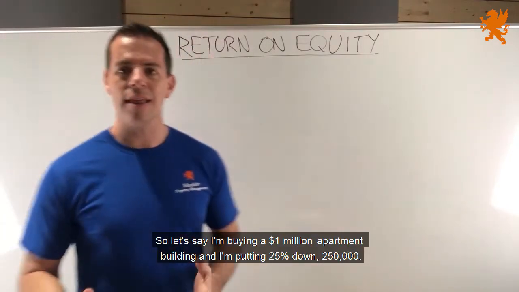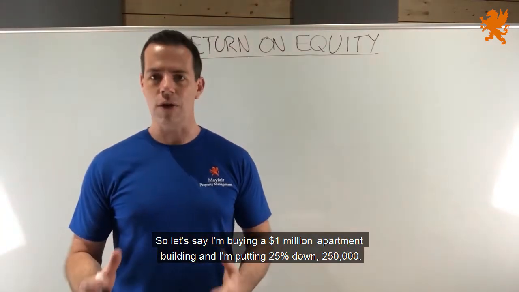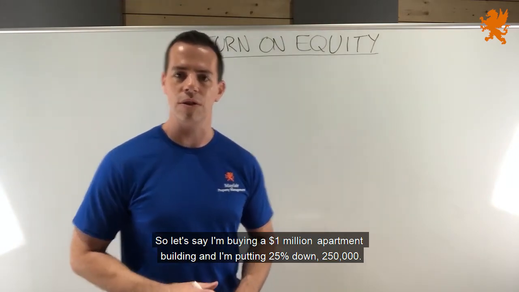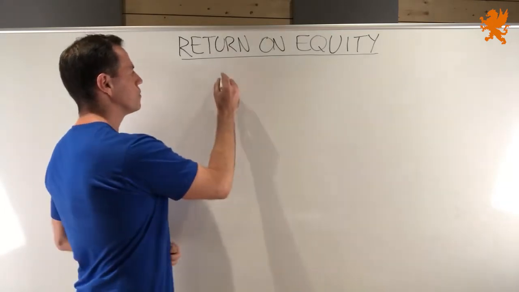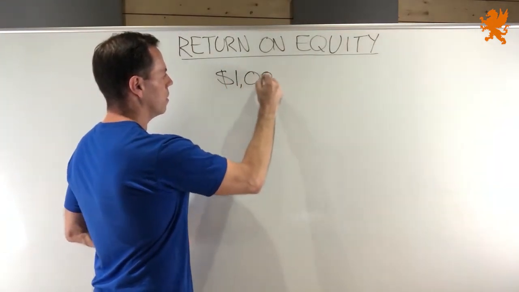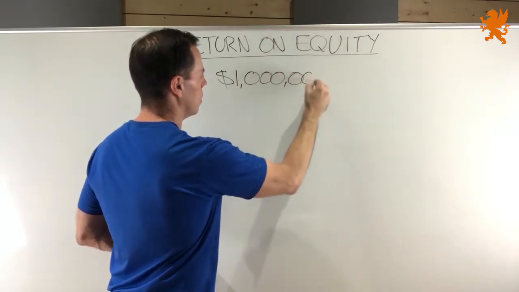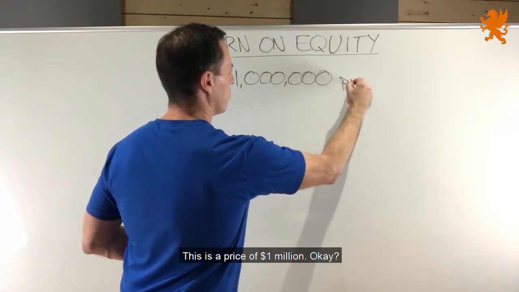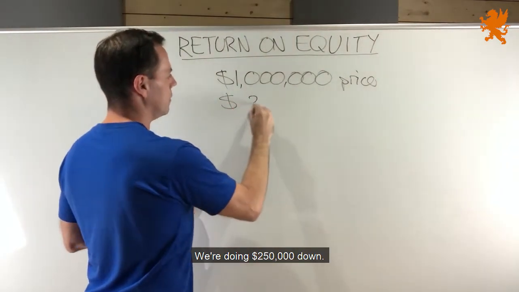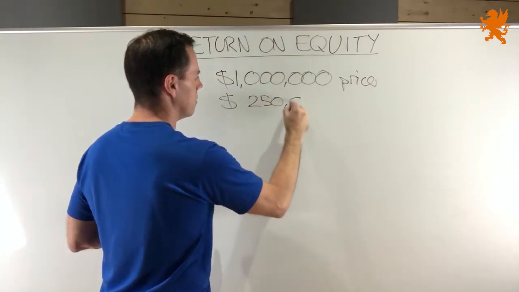So let's say I'm buying a $1 million apartment building and I'm putting 25% down, $250,000. So we'll do the numbers. This is the price, $1 million. We're doing $250,000 down.